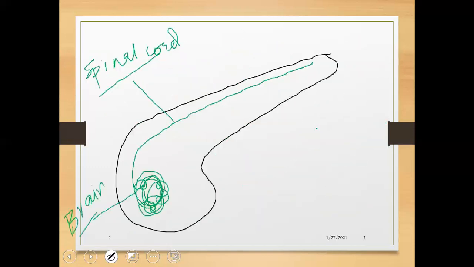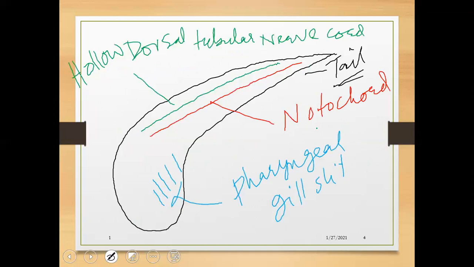So here we can see this. Hollow means centrally it does not possess anything; it is a tube-like structure. Dorsal means it is present at the back side of the body. Tubular means tube-like. Nerve means neuron, cord means string.